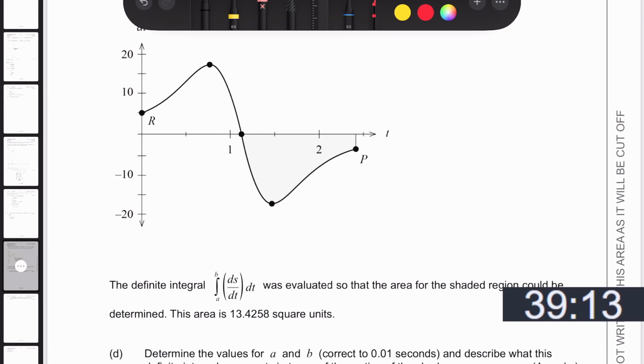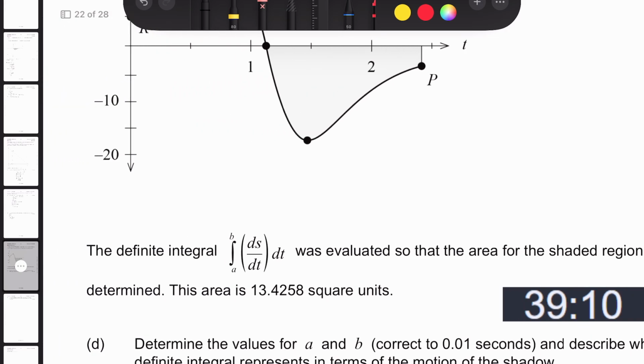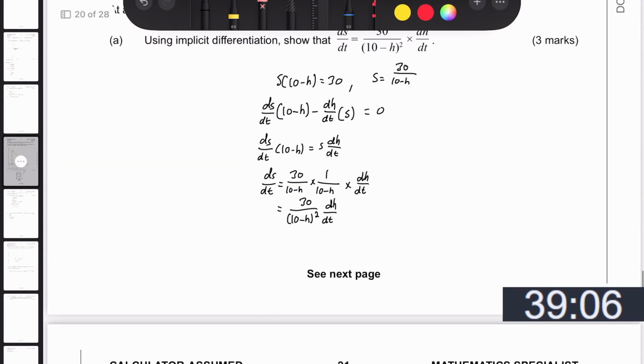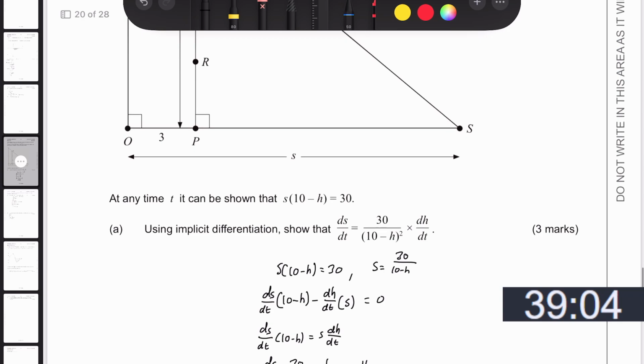Change in s, so the speed of the shadow.